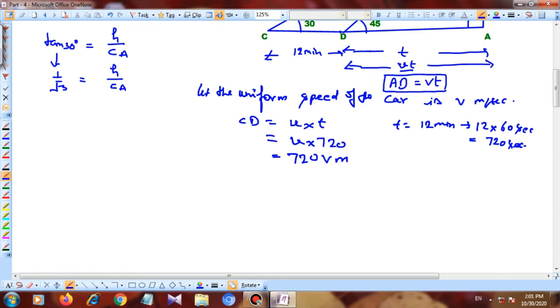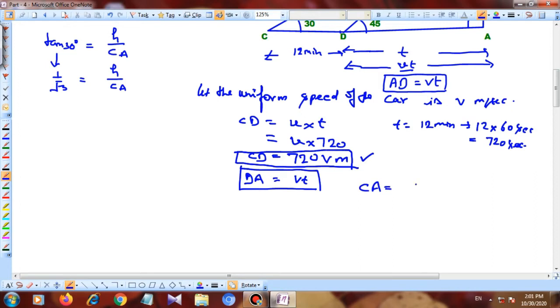This is distance CD and the distance DA equals VT. This is CD and this is DA. So total distance CA will be CD plus DA.